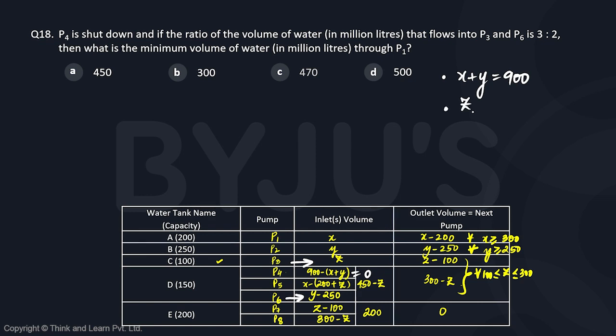From this, we can say that Z upon y minus 250 is equal to 3:2. This gives us 2Z is equal to 3y minus 750. Then what is the minimum volume of water through P1?